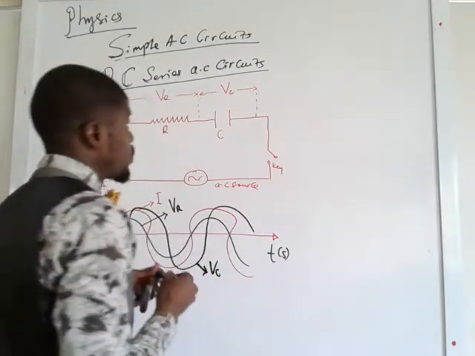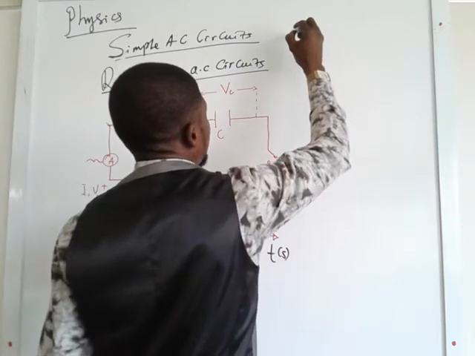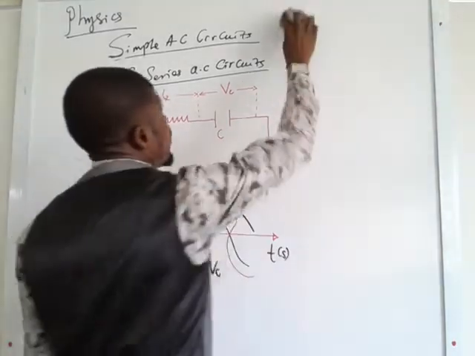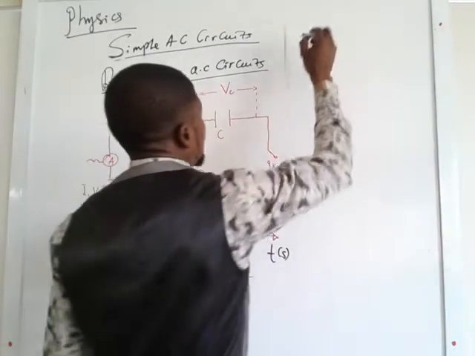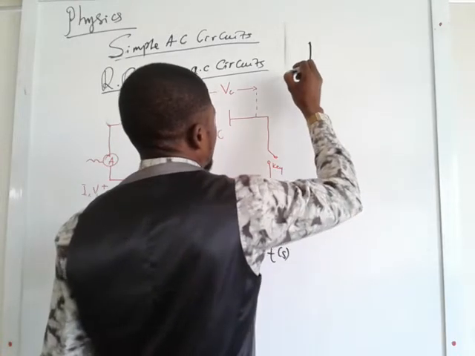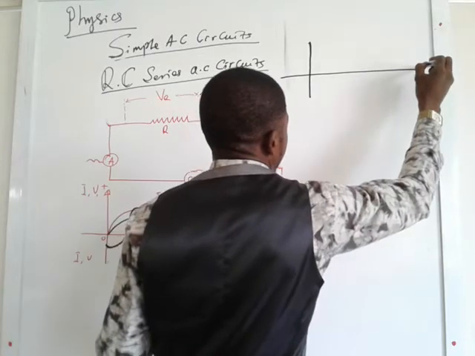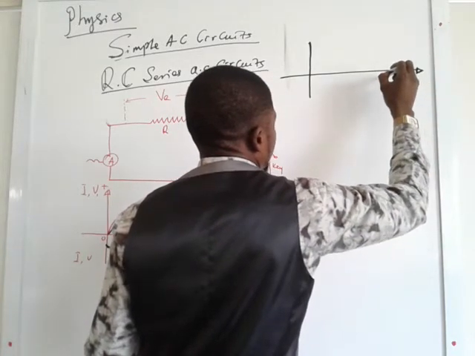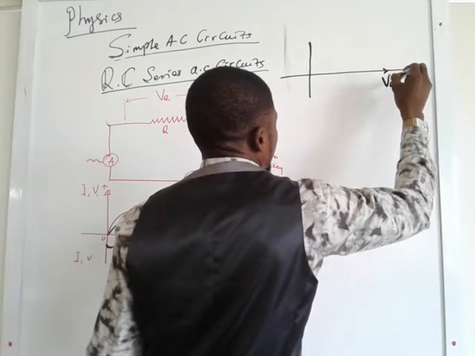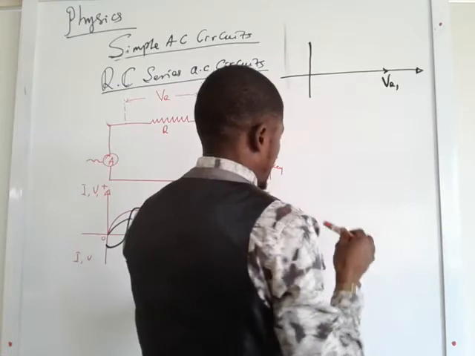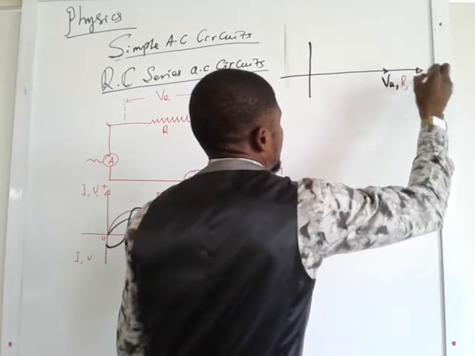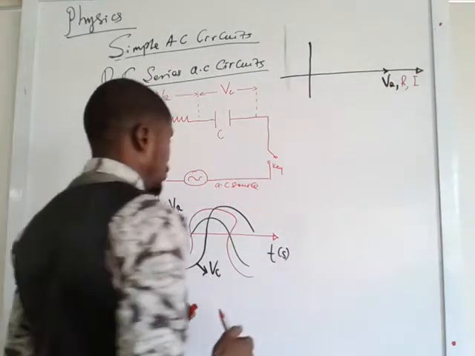When that happens, we have a phasor diagram drawn this way. We call it phasor diagram or vector diagram. So our phasor diagram becomes something like this. The voltage across the resistor R and the current will be in one direction.